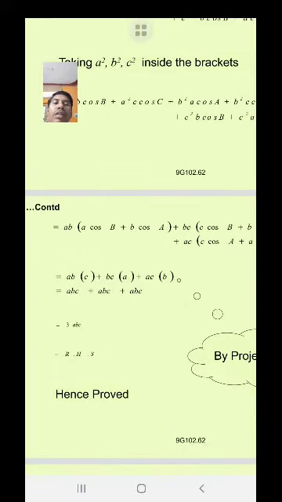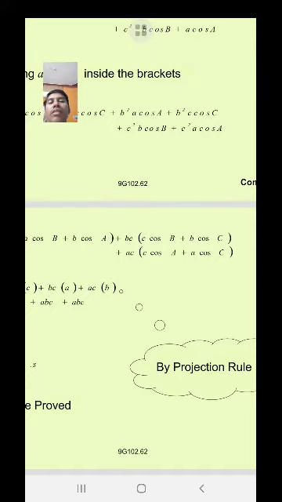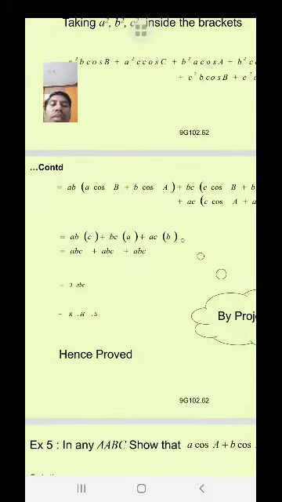Then from the projection rule, a cos b plus b cos a equals c, similarly c cos b plus b cos c equals a, and c cos a plus a cos c equals b. Therefore it becomes abc plus abc plus abc, that equals 3abc. So this is the RHS, hence we proved.